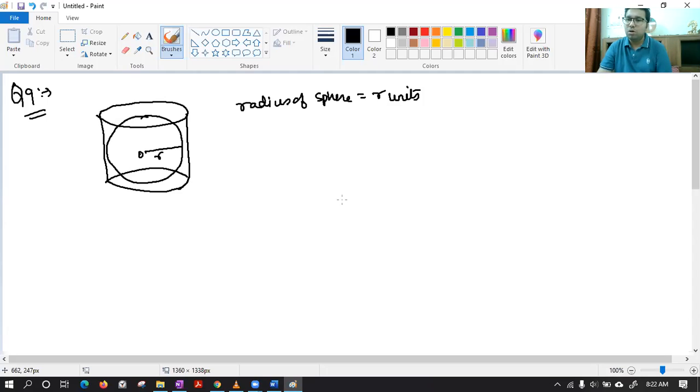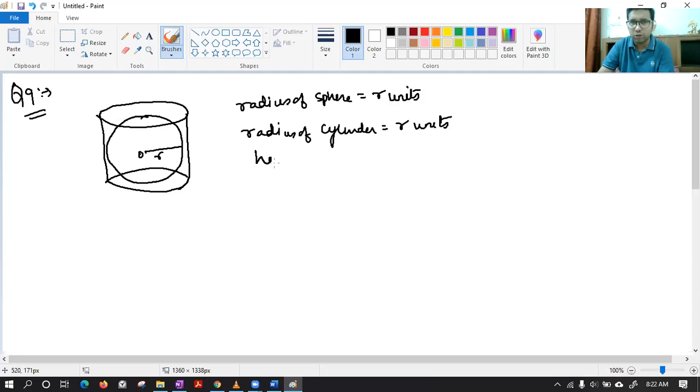We have to observe the things now. Please tell me what is the radius of cylinder. It is the same. Why? Because it is just touching the walls. That is why the radius will remain r only. So radius of cylinder will be the same, r units.